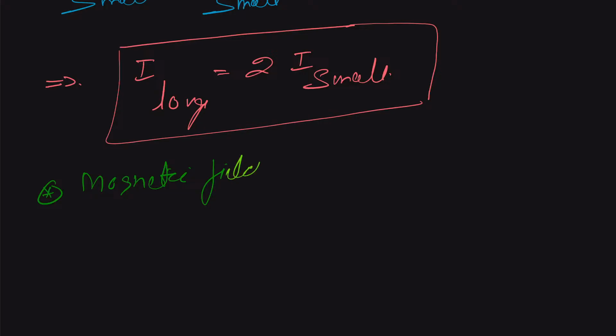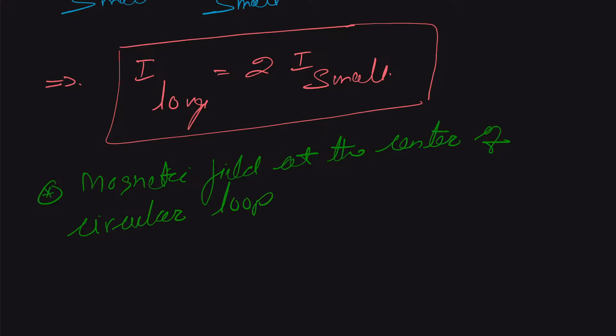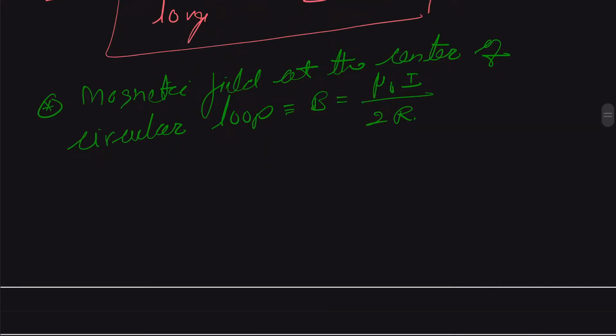You can say our magnetic field at the center of a circular loop, and that is our B, which is mu naught I upon 2 times R. So we can divide this into respectively small as well as big.